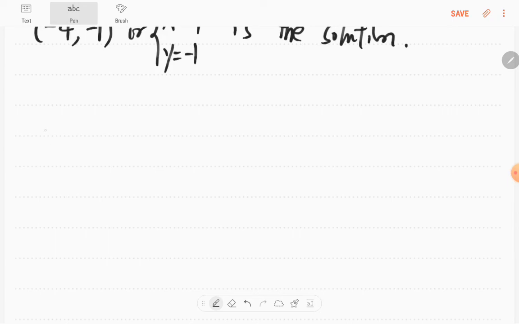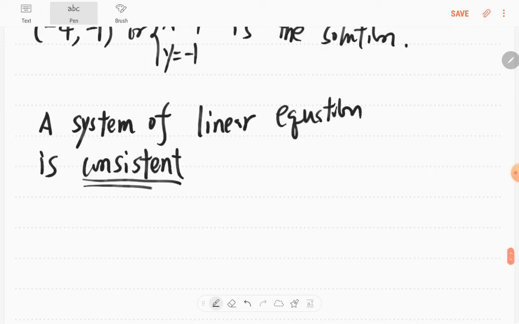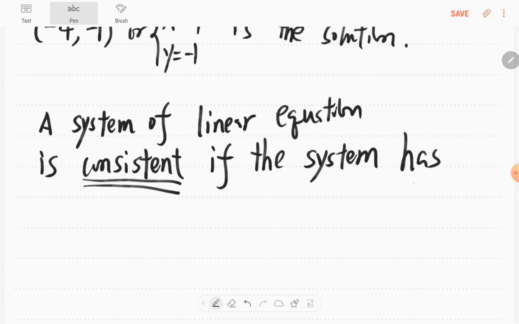We say a system of linear equations is consistent if the system has solutions. Maybe one solution, maybe infinitely many solutions.